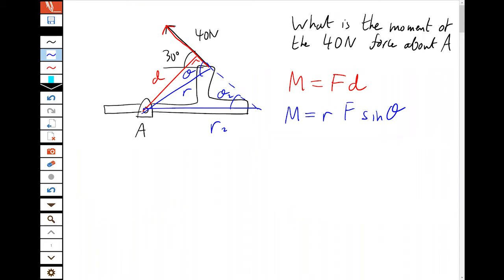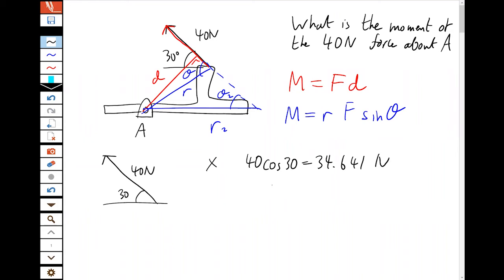So what you do instead to do this sort of problem faster is if you have an angled force off at some awkward location, you just break it up into horizontal and vertical components. So the horizontal component is 40 times cosine of 30, which is 34.641 newtons.